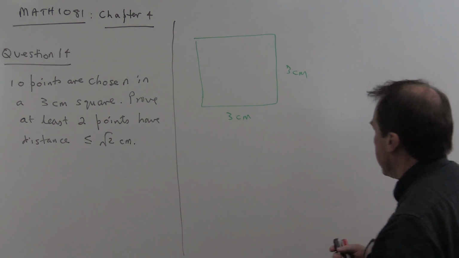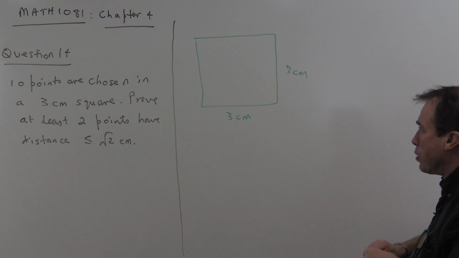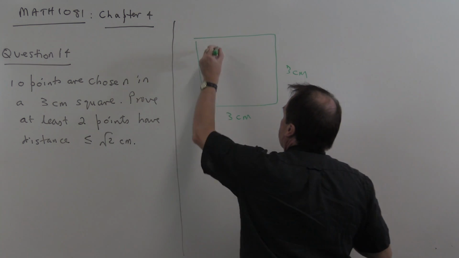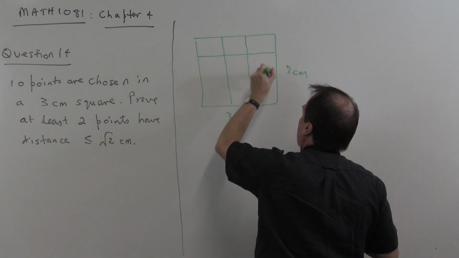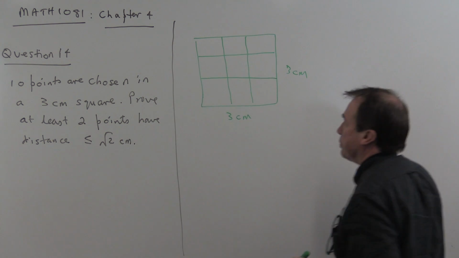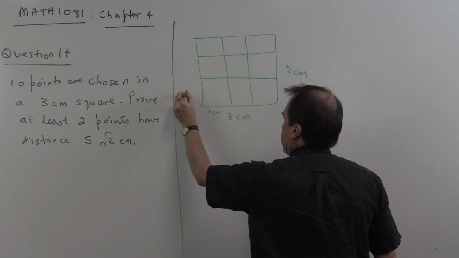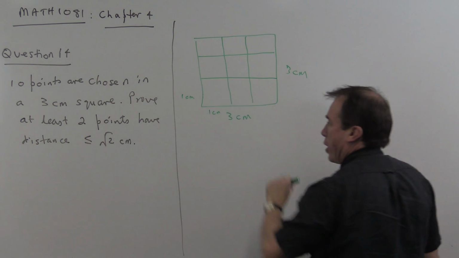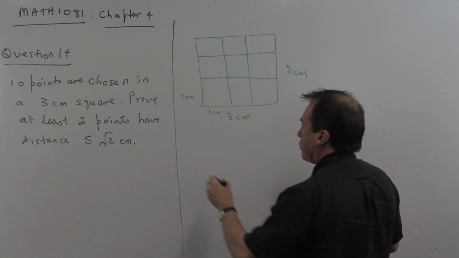Well, once you see a 3 by 3 centimetre square, I think you're immediately tempted to divide it up into 9 little 1 centimetre squares, and you've got 9 of them. So let me write down what I'm doing as I go.